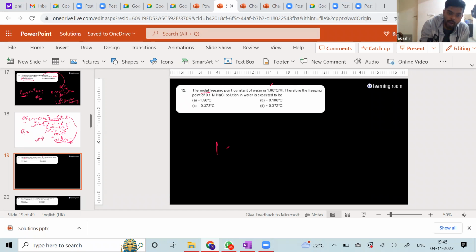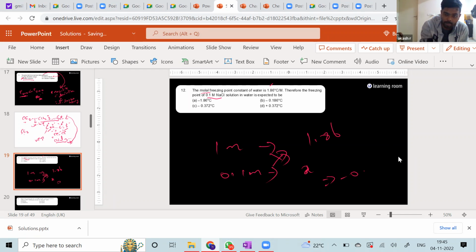For a 1 m solution, we are having 1.86. So now there is 0.1 m, and I want to calculate this. This is divided by 10, this also will be divided by 10.